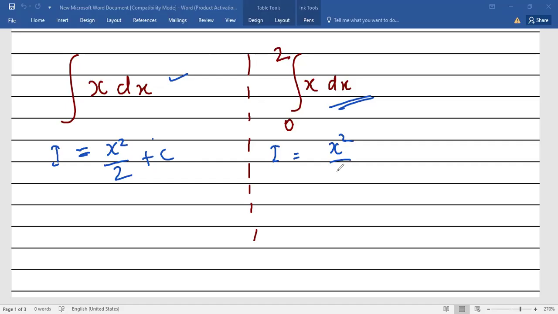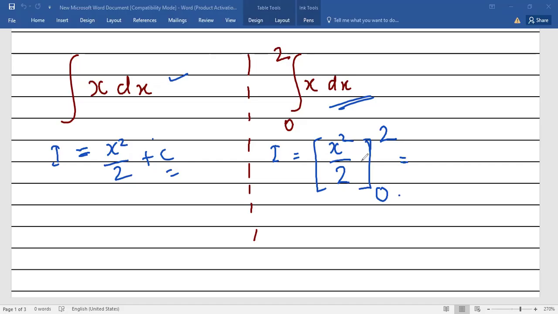First we will write down x square by 2, and here don't write the constant of integration. You just write down x square by 2 and put the square bracket like this. Write down 0 here, write down 2 here. So on the right hand bottom, you have to write down the lower value, and on the upper right hand side, you have to write down the upper value.